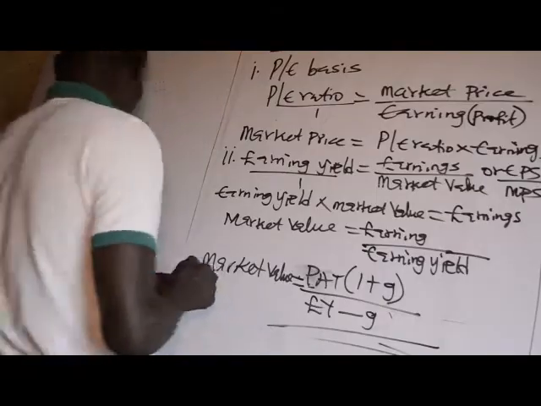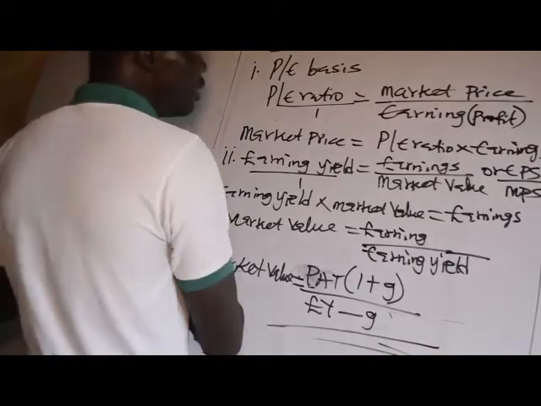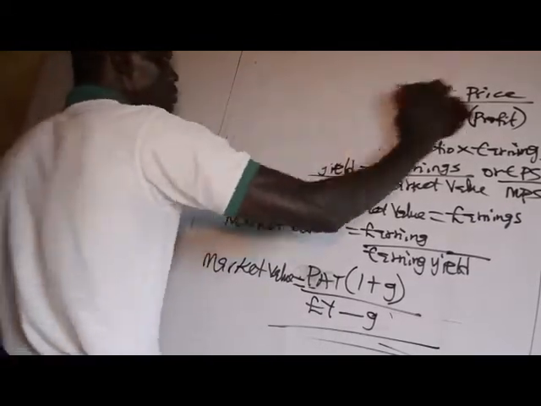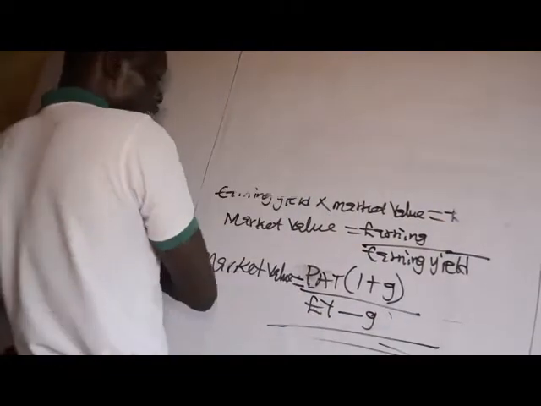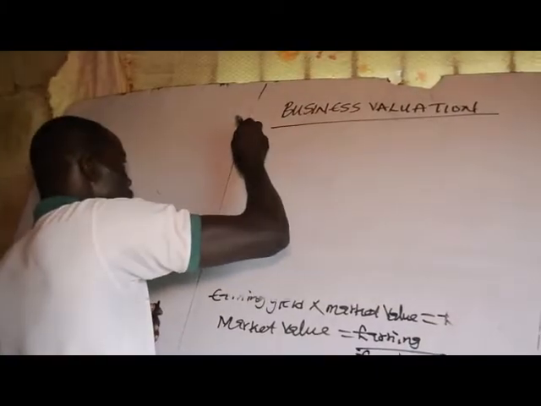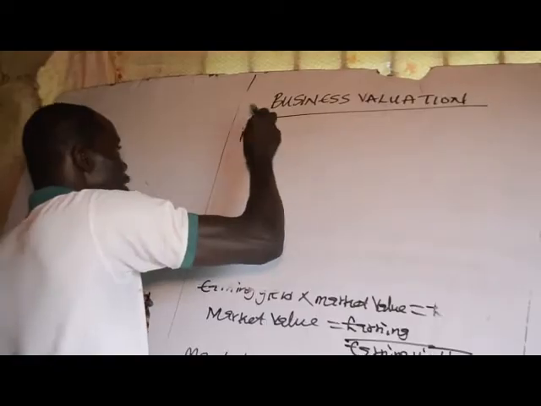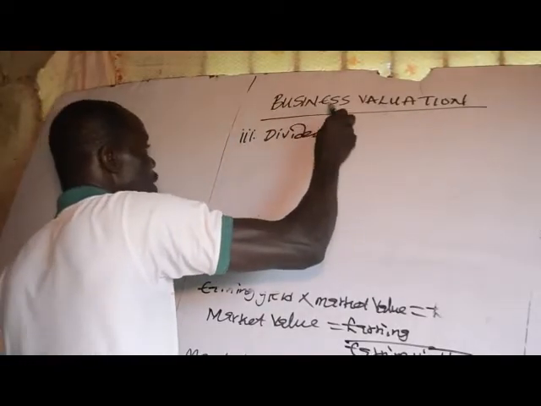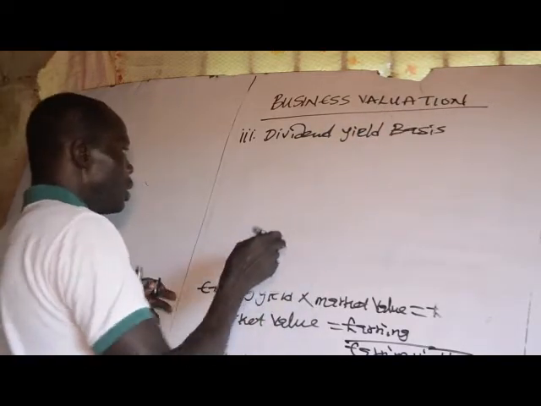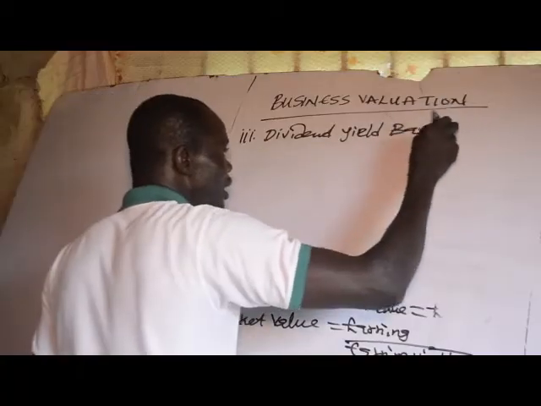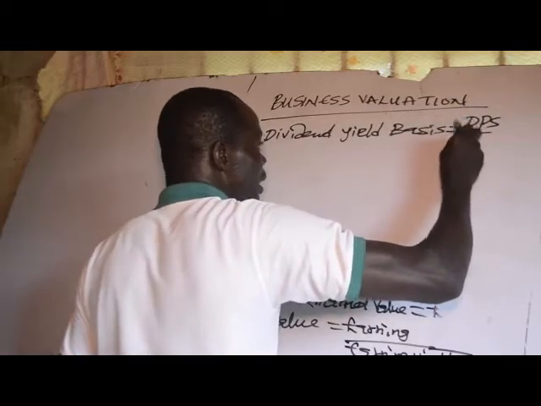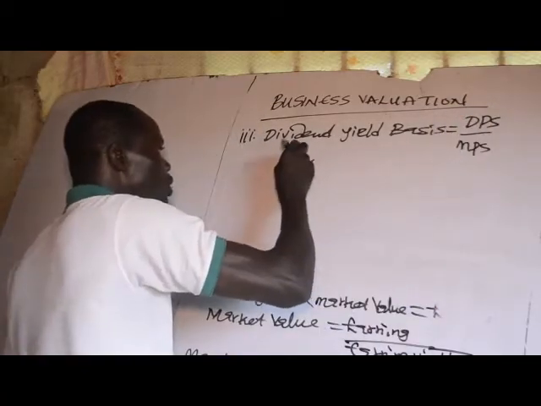So the next one I'm going to examine is dividend yield basis. I've told you that dividend yield is similar to earning yield, only that instead of earning per share, it becomes dividend per share over market price per share, or you use the total dividend.